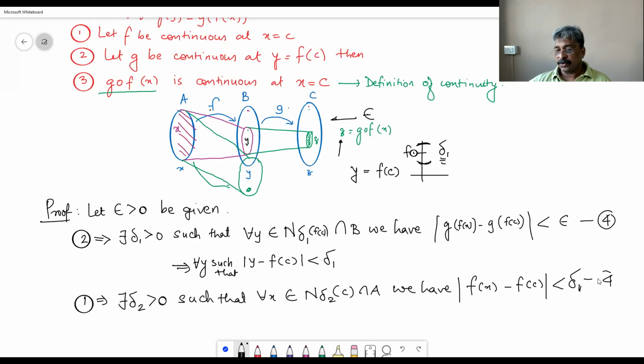This is 4. Okay, what is f of x? f of x is y. f of c, delta 1, delta 1.